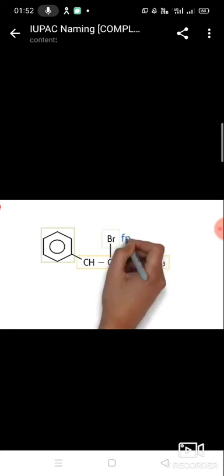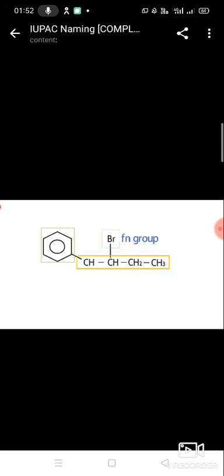Look at here, this is a benzene ring. In this chain, four carbon atoms are present, and bromine is attached. In which carbon atom is the bromine present? The second carbon atom. So for the functional group attachment, we have to give the numbering first.